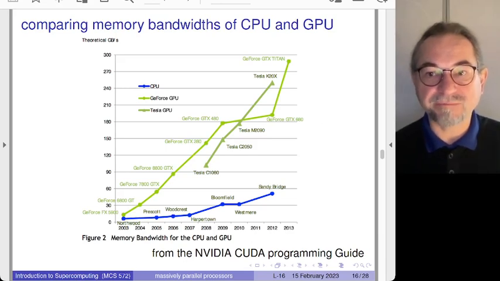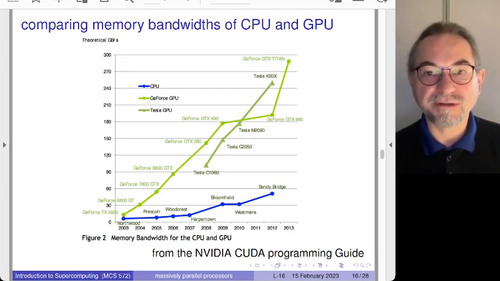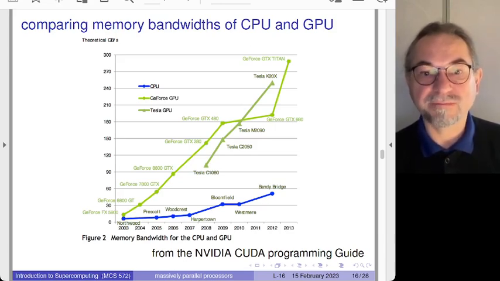If you have the data nicely aligned, there's a but also there. If everything is nicely organized with your data parallelism, then it goes a lot faster.